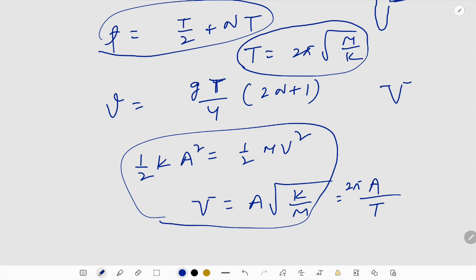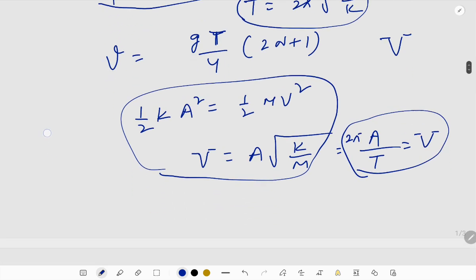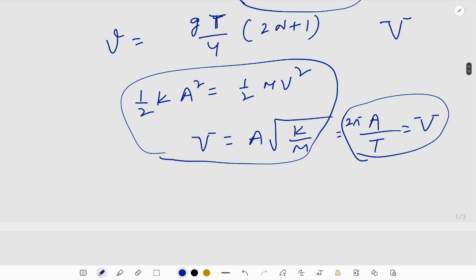We can simply write V equals omega, that is 2 pi by T, into A, and we could have gotten this equation earlier. And I think I can solve the problem.